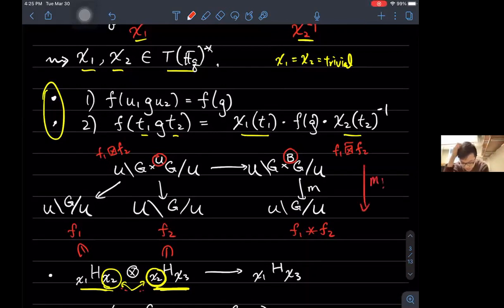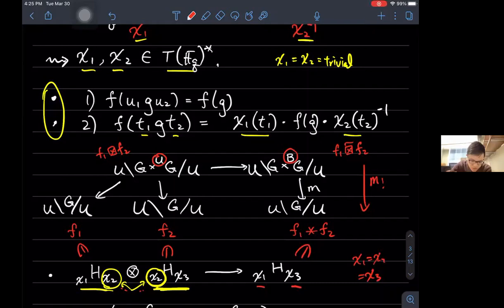And then I push forward, integration along the fiber, and I get this f1 * f2. You can check that the monodromy will be preserved. So in other words, if chi1, chi2, chi3 are the same, this formula will give you an algebraic structure.